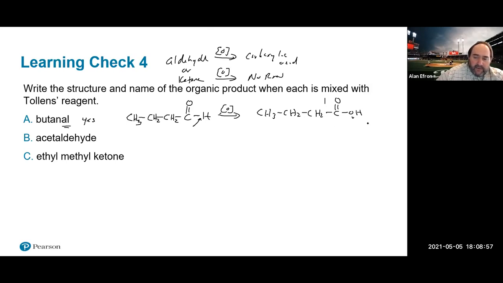As we talked about, that group right there is the functional group for our carboxylic acid. And naming wise, it does follow. So this is butanal. This, as you might imagine, would become butanoic acid. So it's how we name our carboxylic acid, oic, and then acid at the end of it. Any questions on that one?